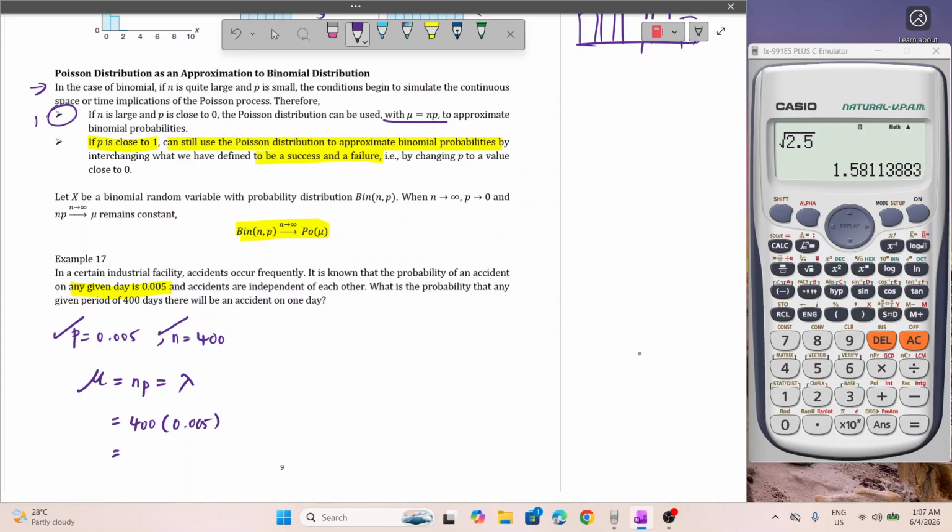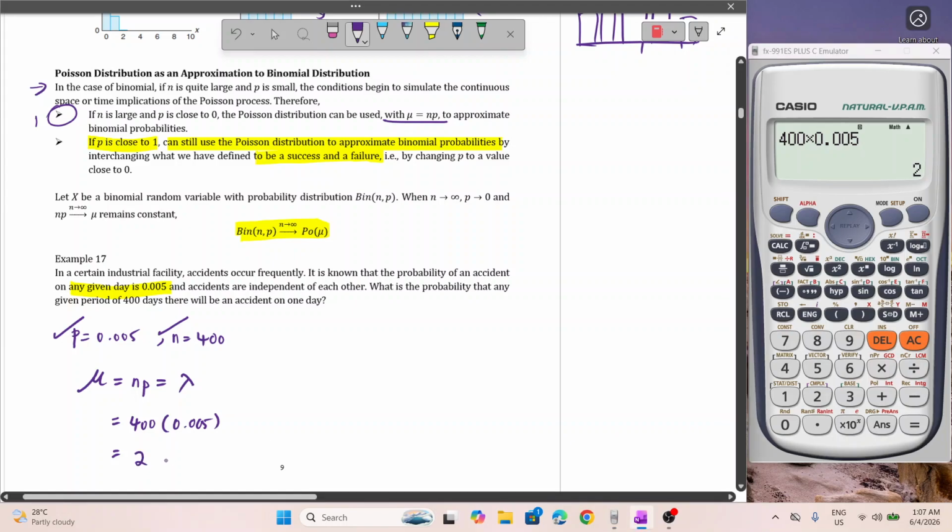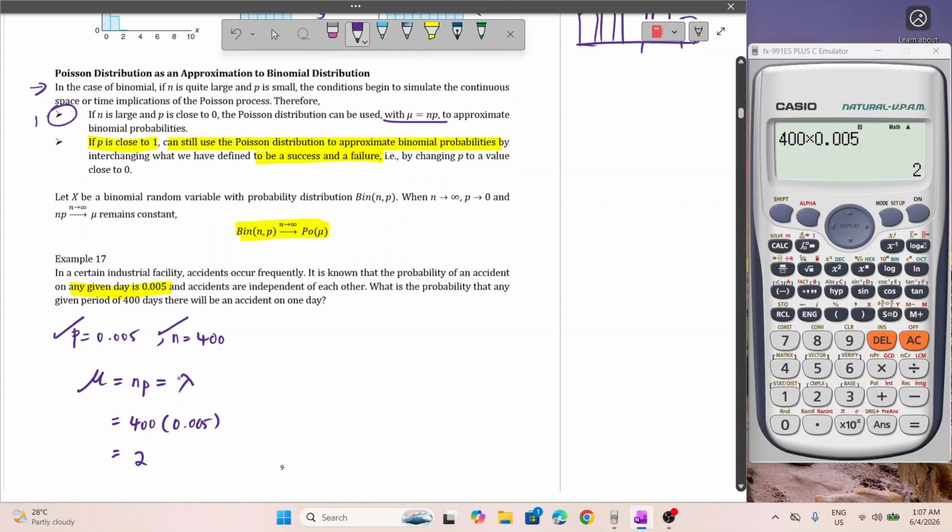So 400 times 0.005 is equal to 2. Now lambda, or the mean of the binomial, is equal to 2.